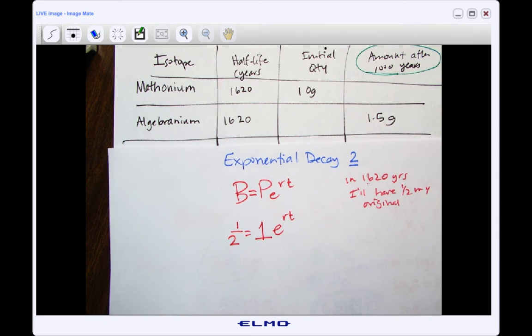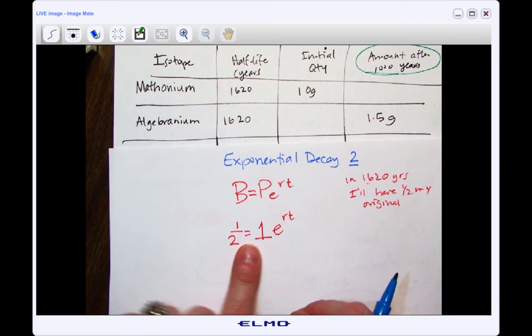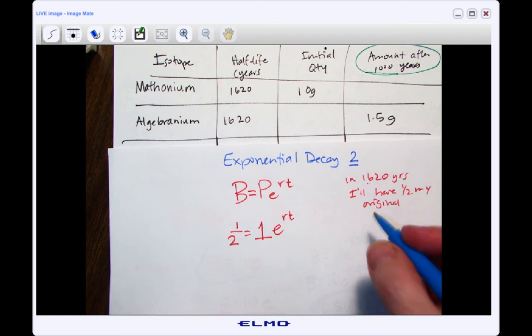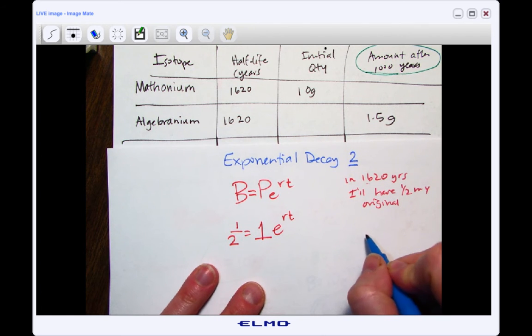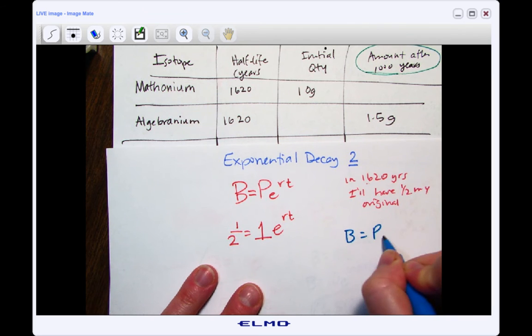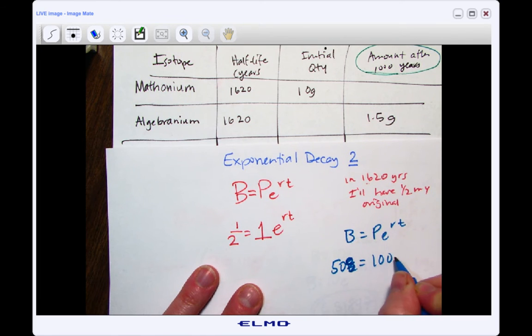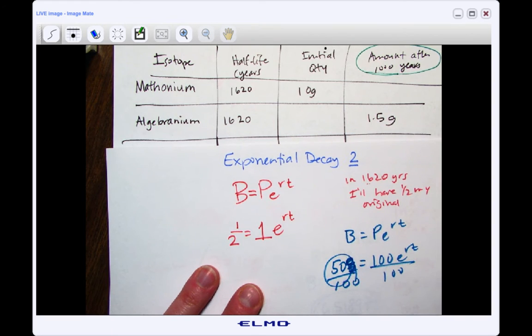Since exponential growth and decay talk about percentage and not amount, it doesn't matter what I choose. If we started with 100, then we got down to 50 in half the time, right? The next step would be to divide by 100. What would this simplify to? 1/2.